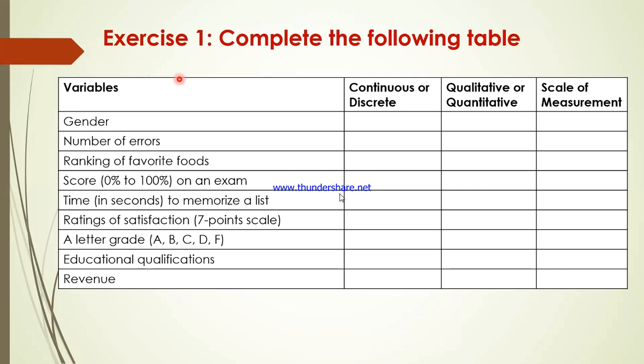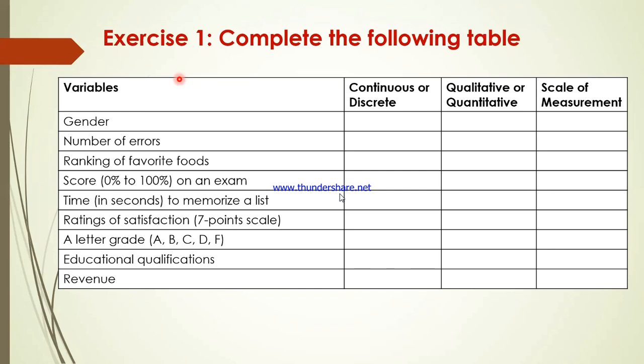Within the interval 0 to 100%, any value is possible. So it is continuous. Then, is it qualitative or quantitative? These are numbers, numeric values. This variable measures numericals, so it is quantitative.